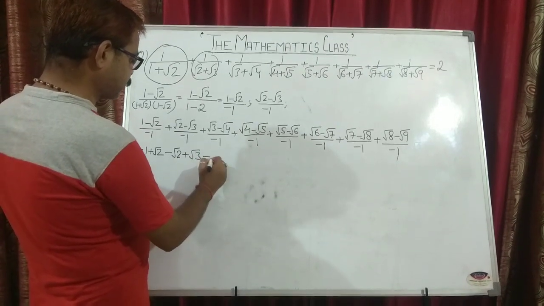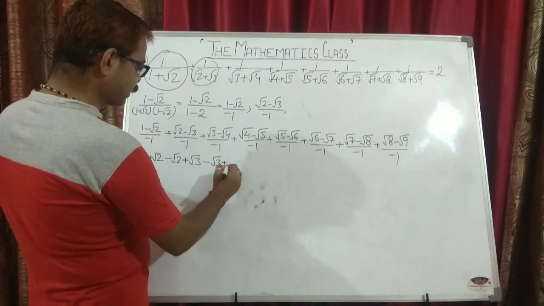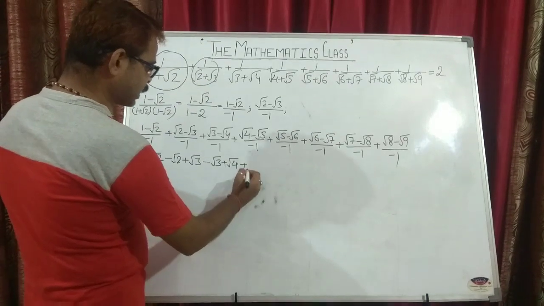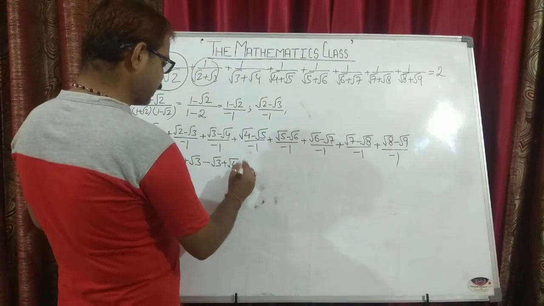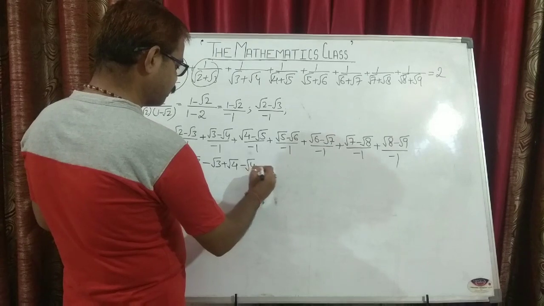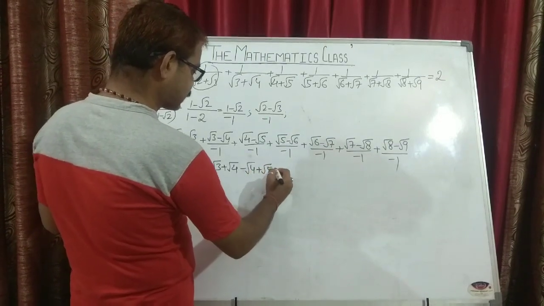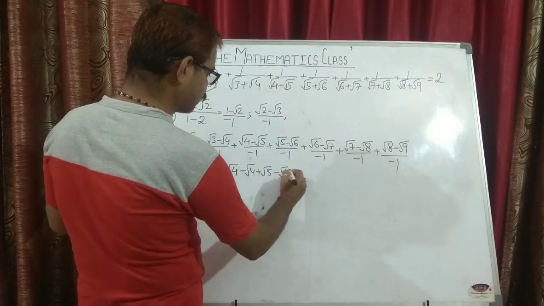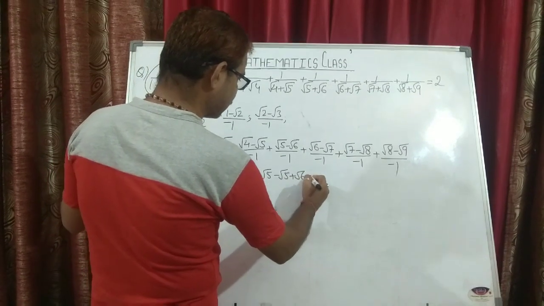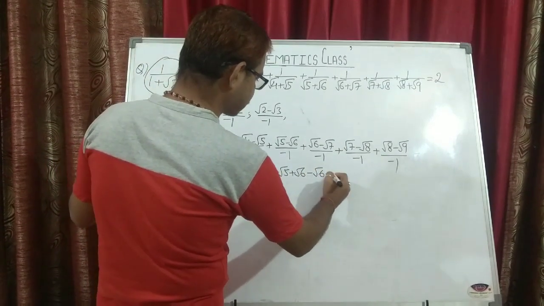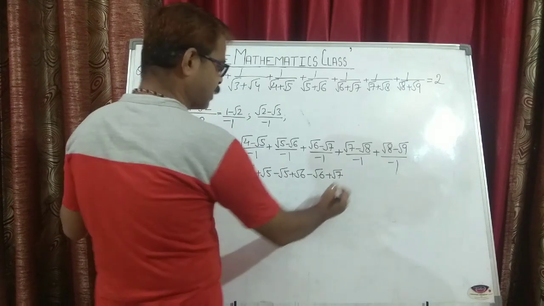Then third term can be written as minus root 3 plus root 4. Next can be written as minus root 4 plus root 5. Next can be written as minus root 5 plus root 6. Next minus root 6 plus root 7.